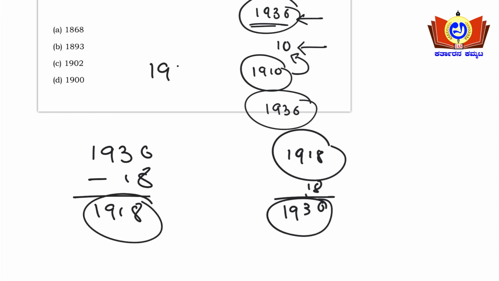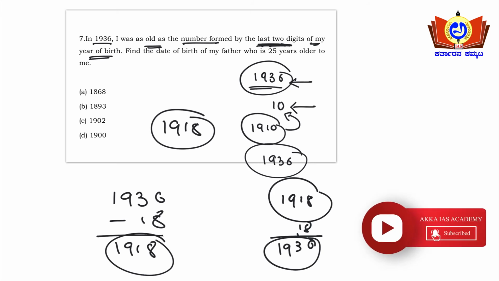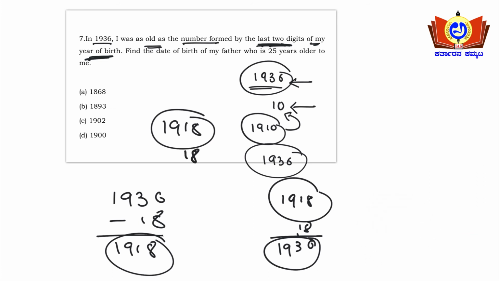According to the question, I was as old as the number formed by the last two digits of my year of birth, and in 1936 he is 18, so this condition is satisfied. Now find the year of birth of my father, who is 25 years older than me.